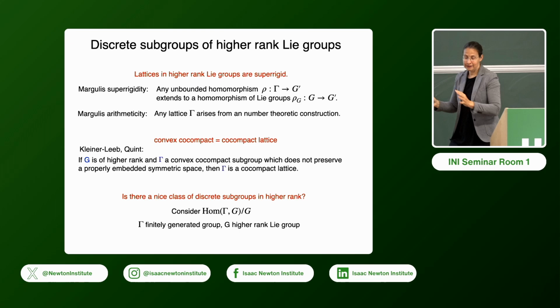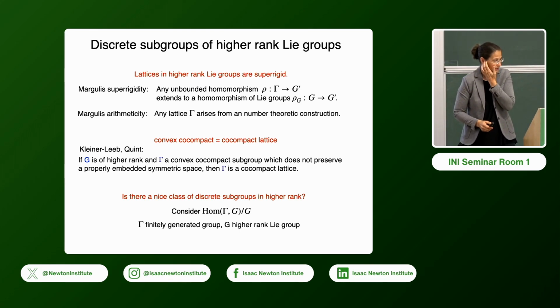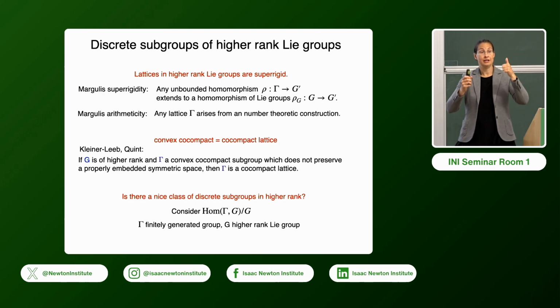Okay, here is just one short slide to summarize some classical things about discrete subgroups of higher rank Lie groups. We all know that for lattices, by Margulis' superrigidity work, lattices are super rigid, so we have much stronger than rigidity.